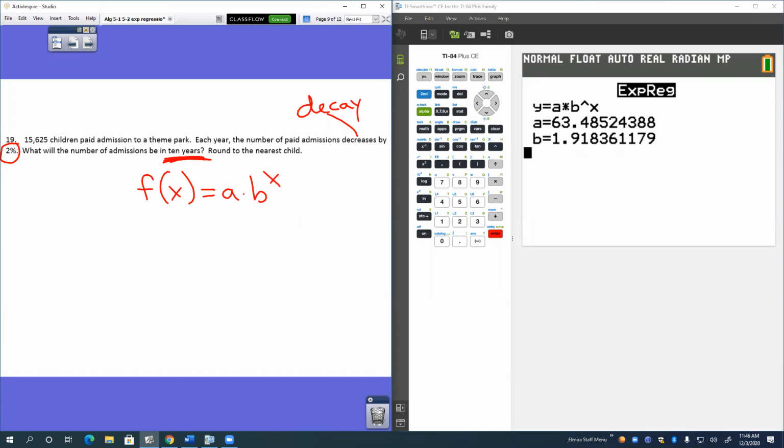Go ahead and try this one, please. Remember that because we're dealing with decay in this question, you have to use b equals 1 minus r.